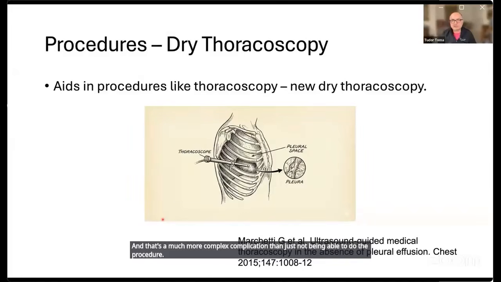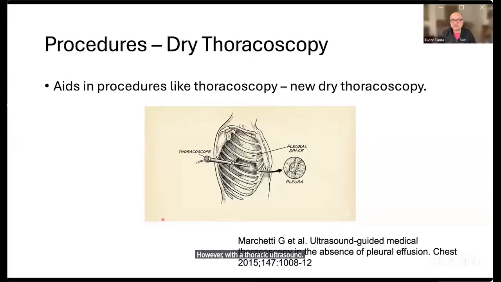However, with a thoracic ultrasound, you can easily see if there is pleural sliding. And if there is pleural sliding, that means you can carefully create an iatrogenic pneumothorax by advancing a needle slowly, again, under ultrasound guidance if you want. But once you have some experience, you don't even need the ultrasound guidance for this.